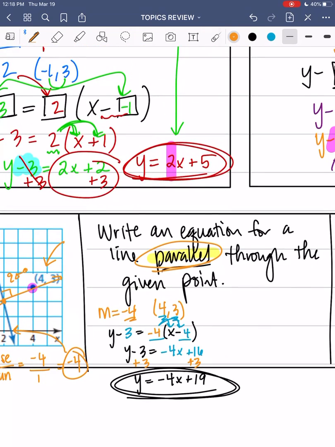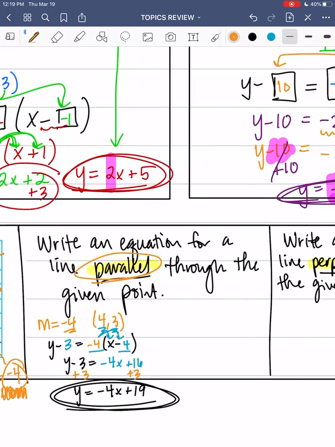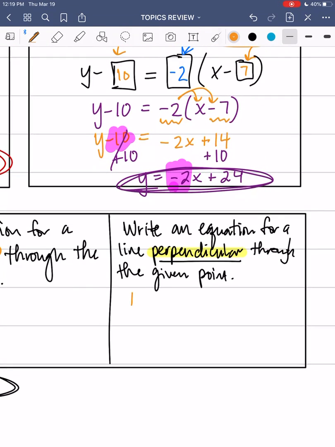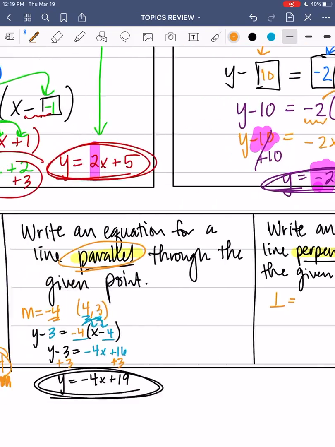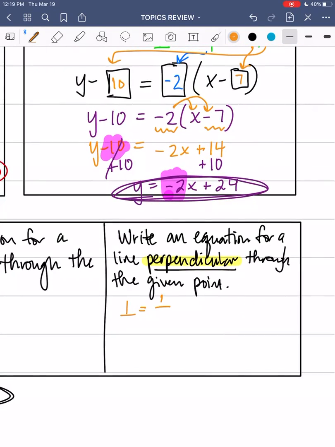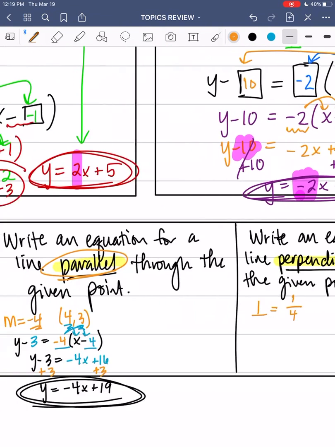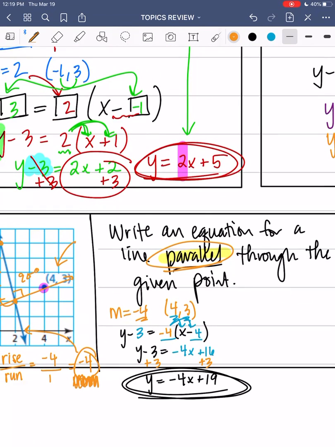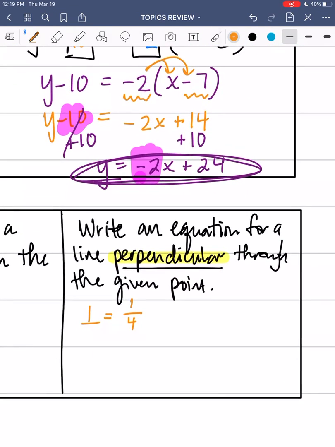Our given line in our picture has slope -4, so our perpendicular slope, instead of -4, is going to be +1/4. We take the negative, make it positive, and instead of 4/1, we have 1/4. So we're going to use the slope 1/4, and we still want it to go through the point 4, 3.